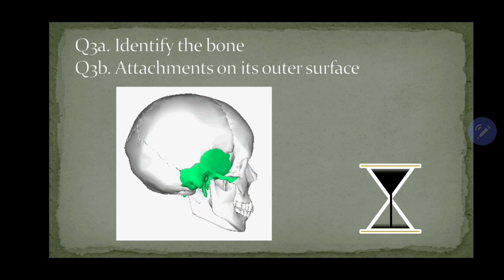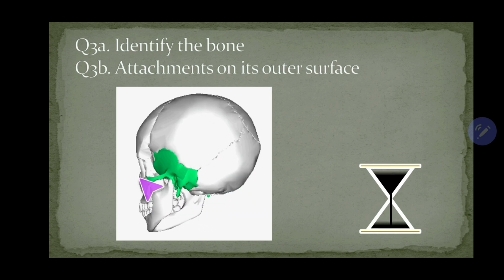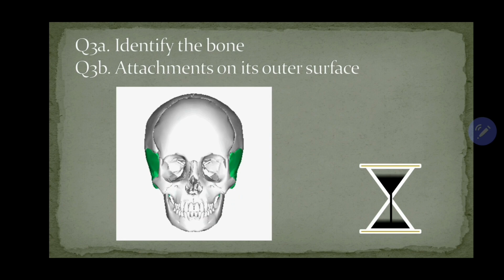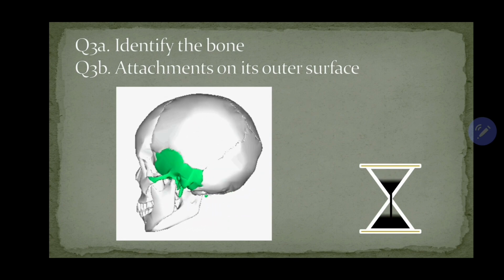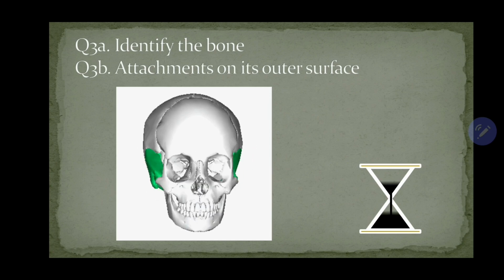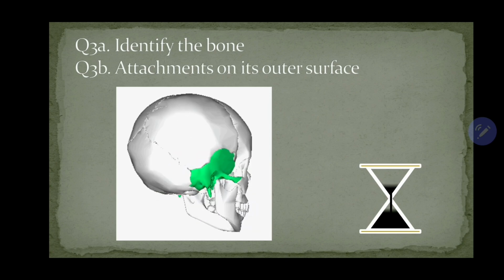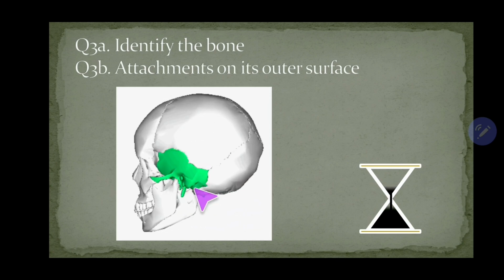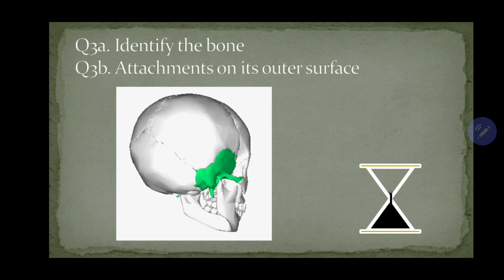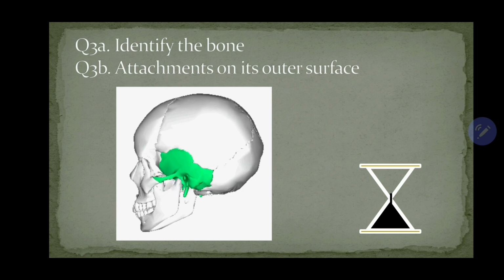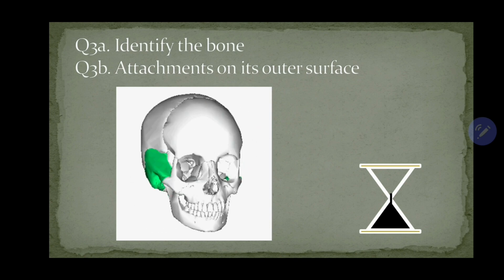Regarding the attachments, remember that the temporalis muscle of mastication has a wide origin, a fan-shaped muscle, and it is covered by the temporal fascia, which is attached to the superior temporal line. On the mastoid, as I told you, the occipitalis muscle is also attached on the outer surface, and the zygomatic arch on its inferior border provides origin to masseter.